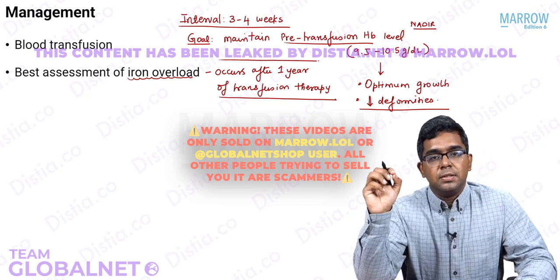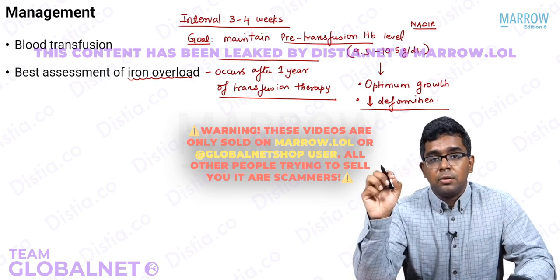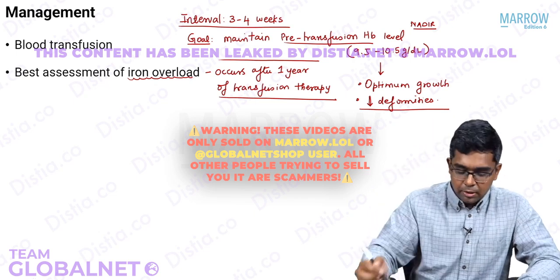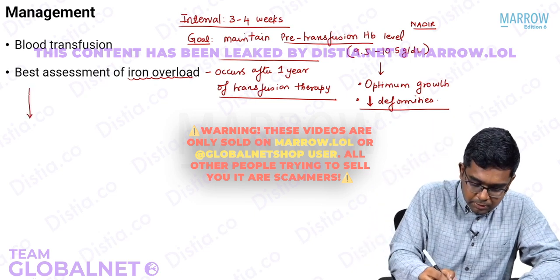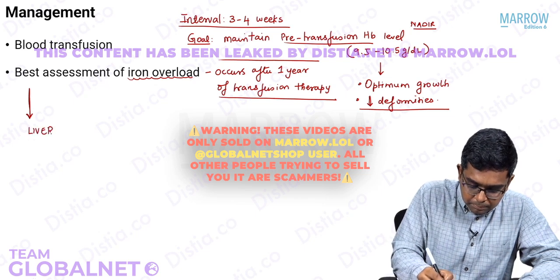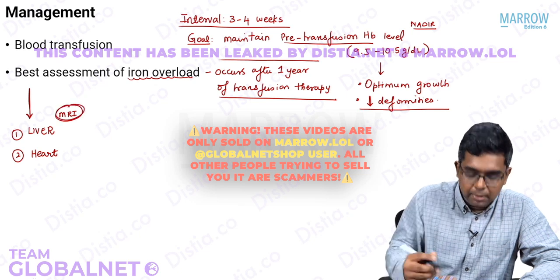That is an important point to be noted. And there is an important question. How to know that there is iron overload in the body? Or in other words, they can ask you what is the best way of assessing iron overload in the body. For this, the answer is going to be assessment of liver, preferred number 1. Number 2, heart by MRI. Very, very important point, by MRI.